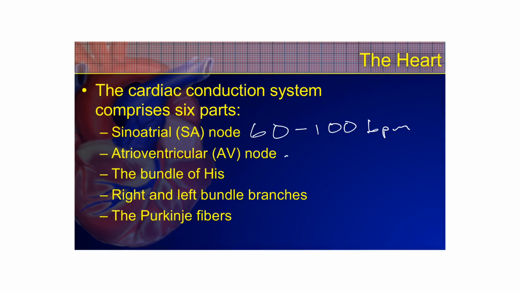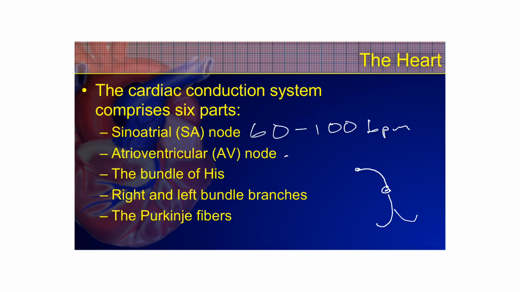Your AV node is not usually considered a pacemaker. It's actually an area of tissue between the atrium and the ventricle, hence AV, atrioventricular, that slows conduction. The reason it slows conduction is because as conduction is moving from the SA node to the AV node and then wants to go to the ventricles, remember that this is causing depolarization, which is causing contraction.